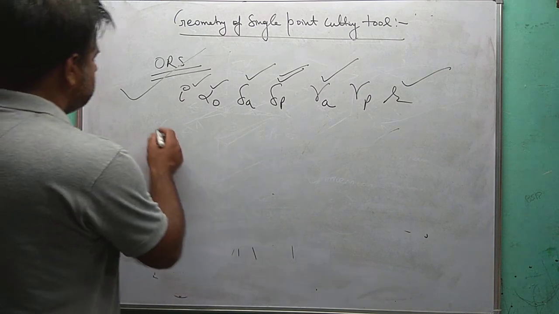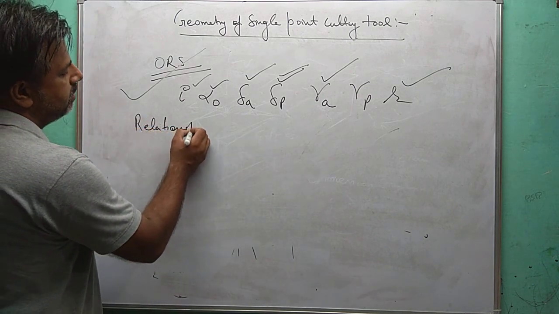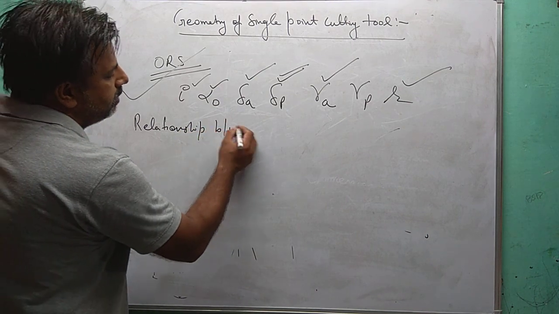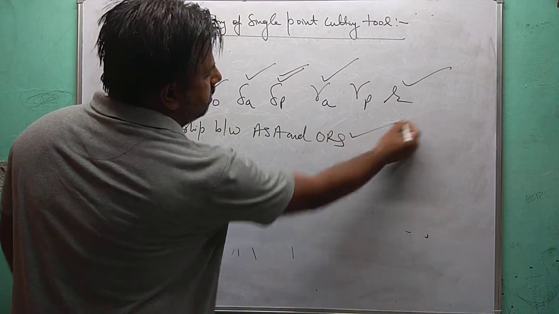Now how to find the relationship between ASA and ORS system?